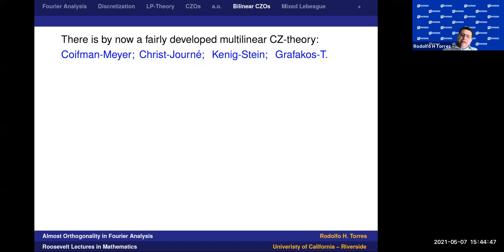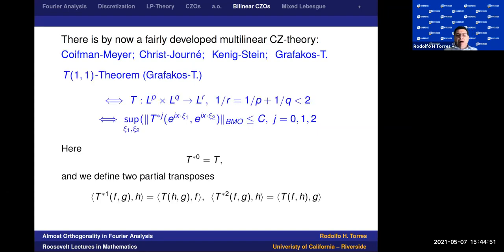And by now, the theory of this operator is well understood by the work of all these mathematicians that I include here. And then Grafakos and I prove a theorem that is the equivalent of the T1 theorem. Now there are two transposes of a given operator, the ones that you obtain by switching the variables, freezing one variable and applying the transpose on the other.